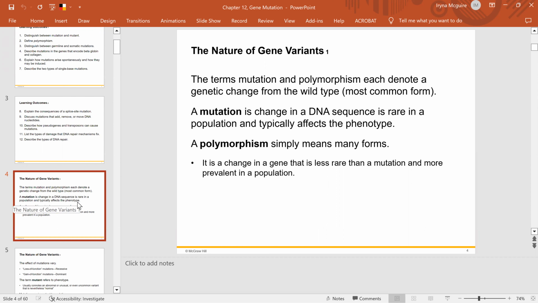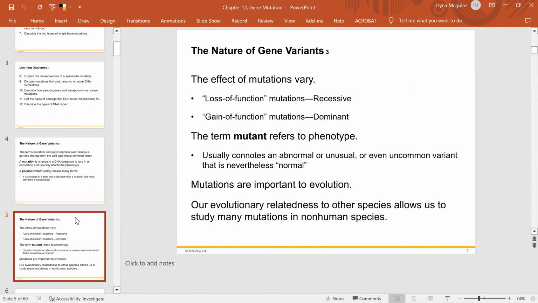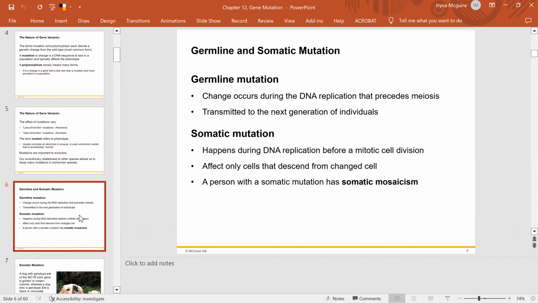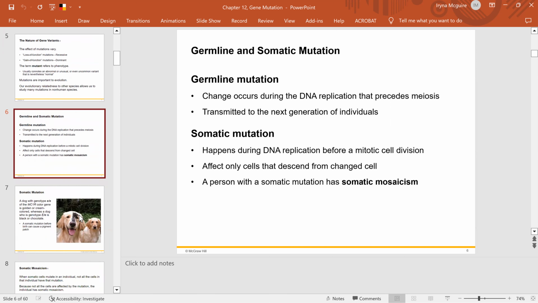Polymorphism is just different forms within a population, and it's more common. The mutant is a phenotype that results from mutation. We mentioned that mutations are not necessarily harmful. Sometimes they're just normal and give us varieties. That's why we are all different. Different blood type, hair color, eye color, it all arises from mutations.